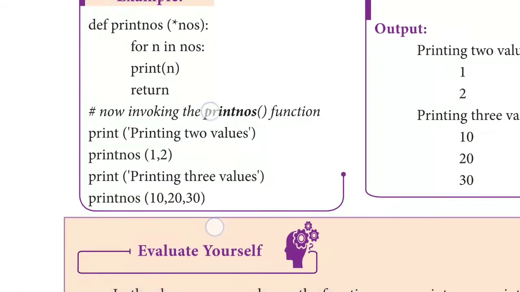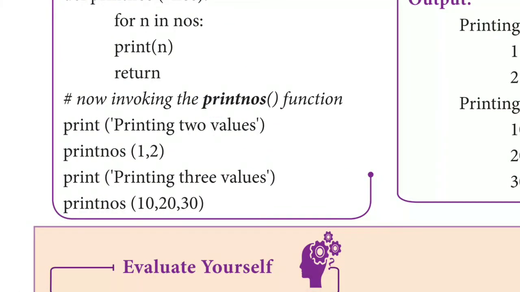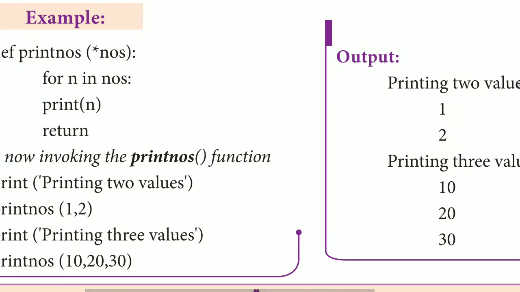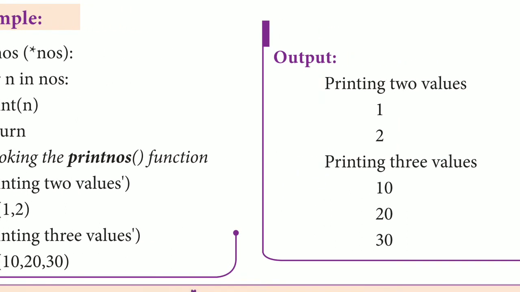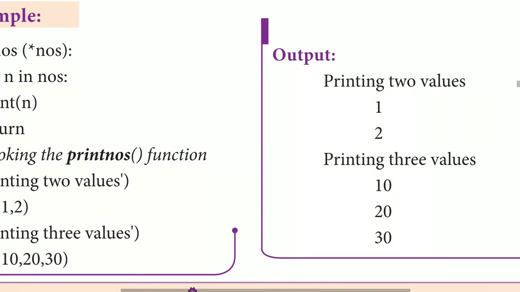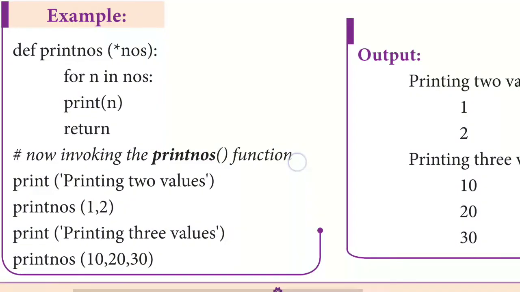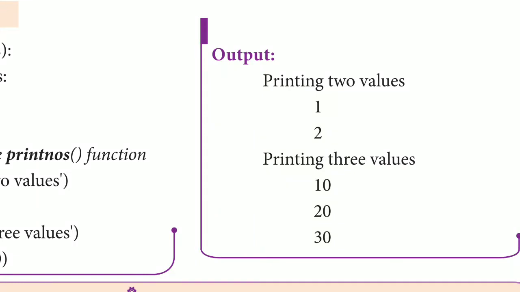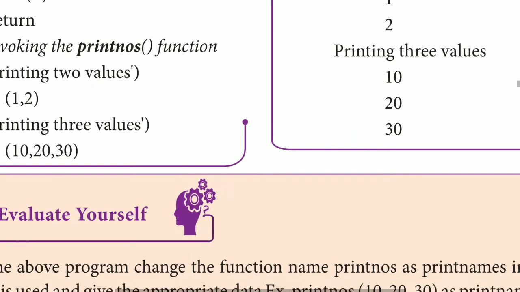In the calling function they have used 1 comma 2. They have used a for loop for getting the values from the input and adding them, and then they print it. So this is the output of the first calling statement, and the second calling statement is 10, 20, 30. They are just taking the input values and printing them again.